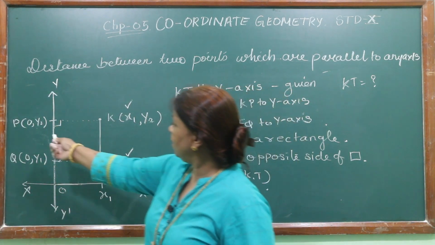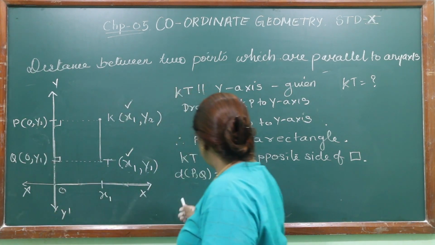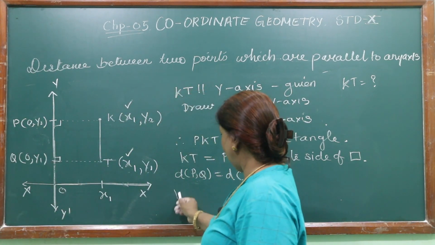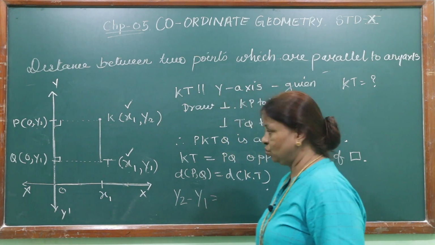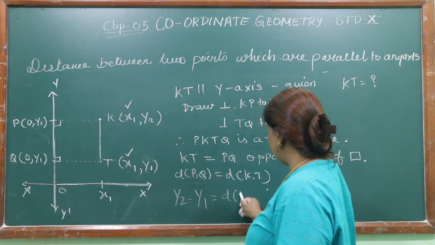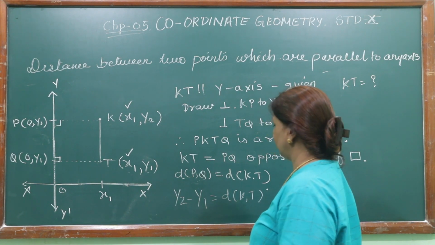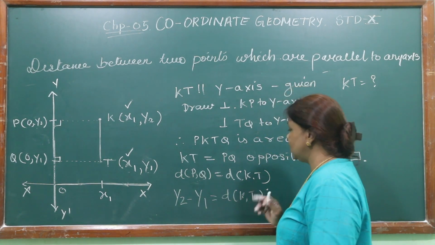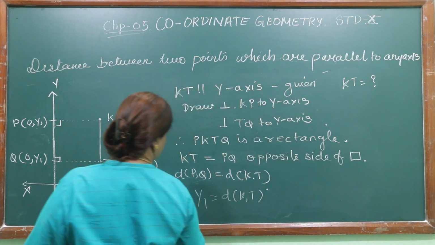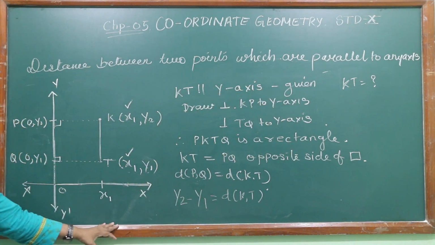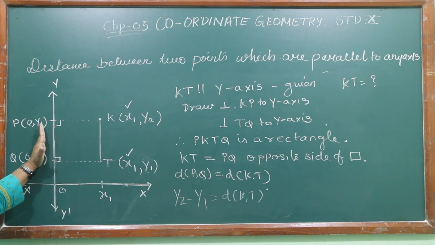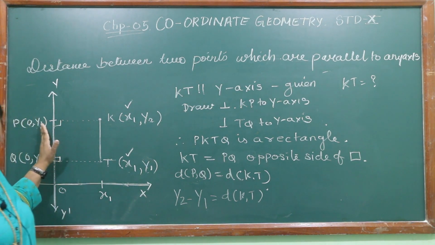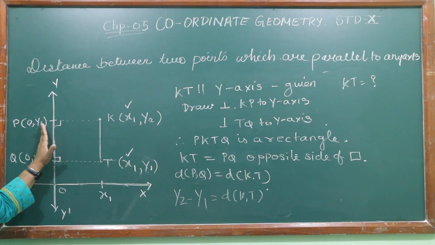Its x coordinate is 0. So we can say y2 minus y1 is equal to distance KT, children. So distance KT we got as y2 minus y1, when the line KT is parallel to y-axis. You can pause and write it down, children.